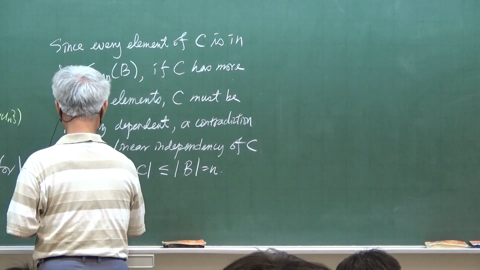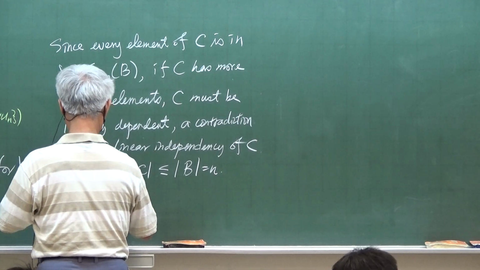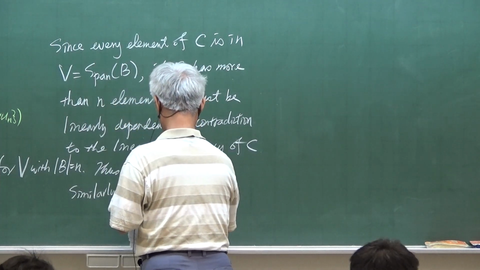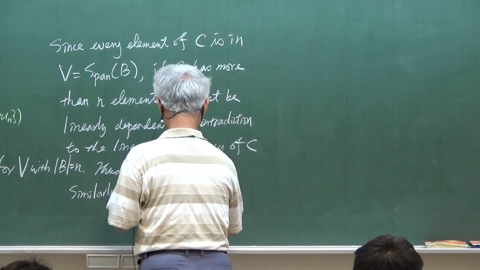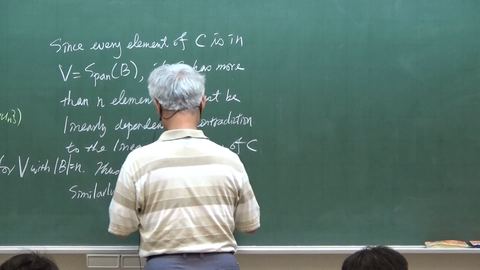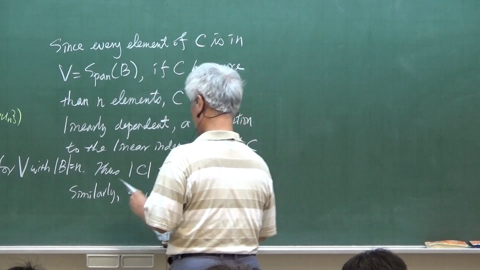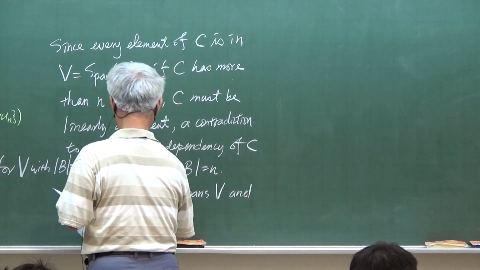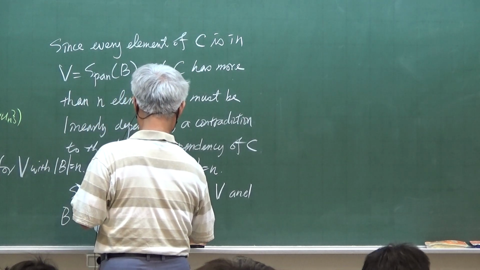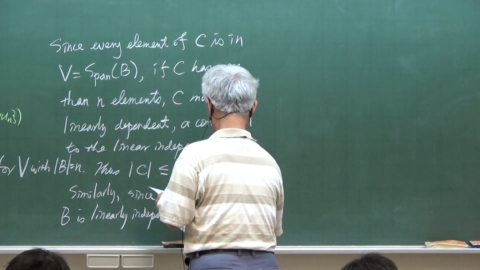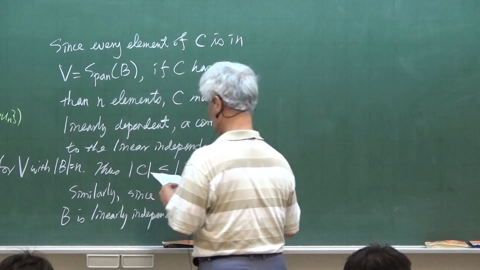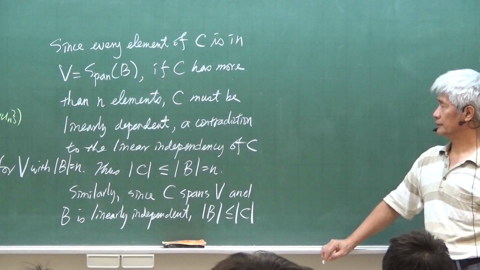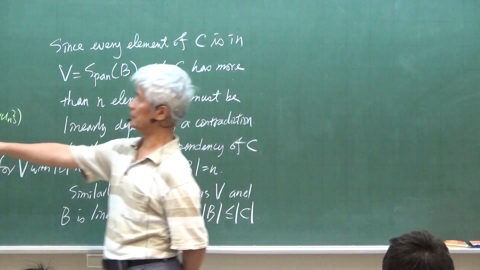Now, similarly, since C spans V and B is linearly independent, the size of B is less than or equal to the size of C, by applying the same theorem.